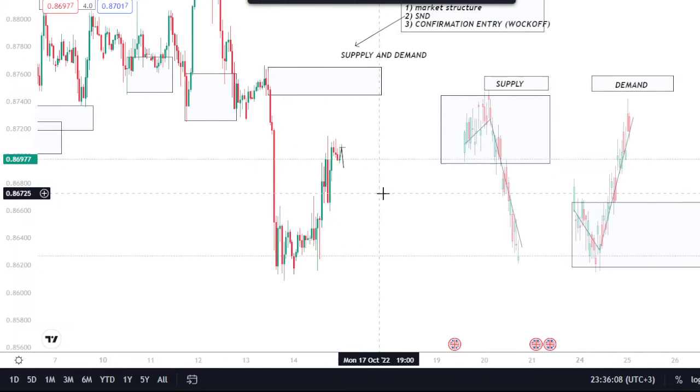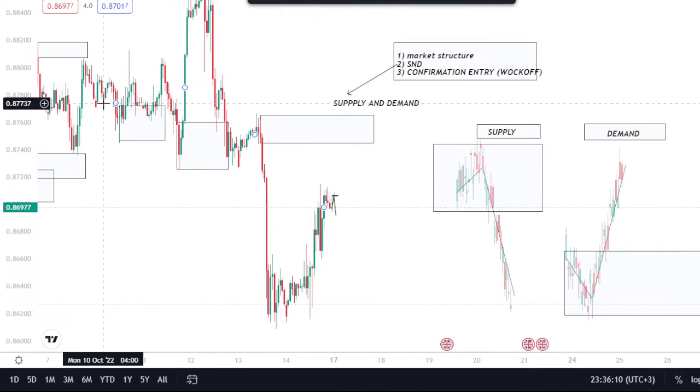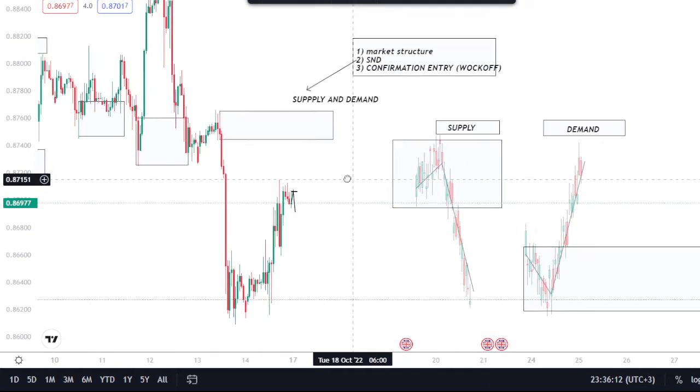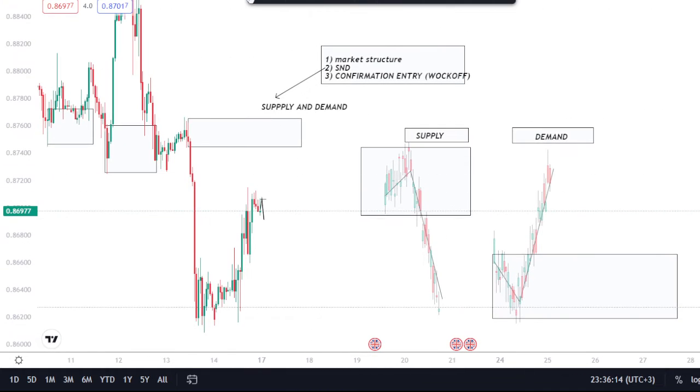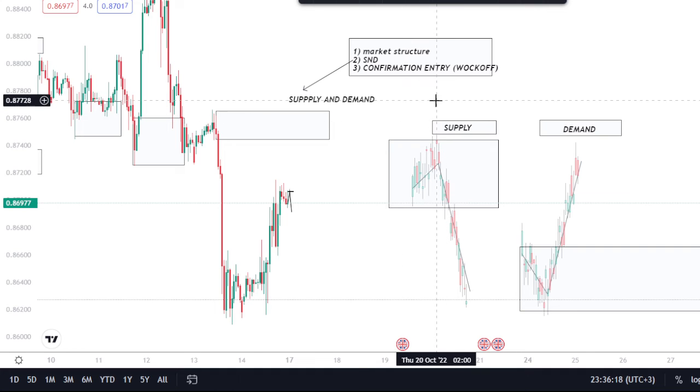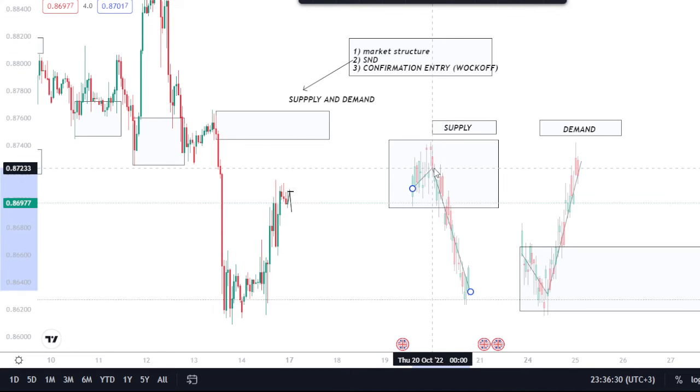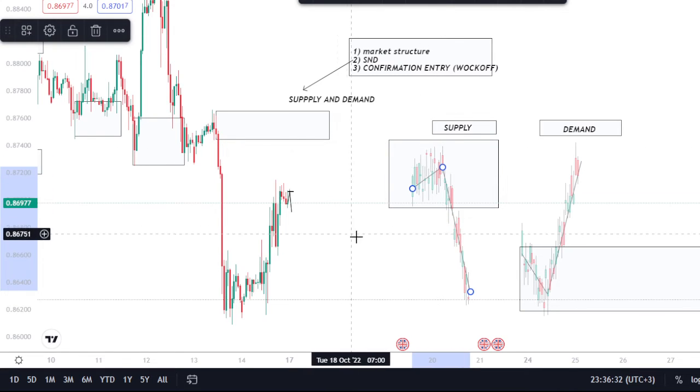So for the sake of recap, let me do the recap of what I was saying, guys, for the people who were not understanding. What is supply? A supply, guys, is when the buyers come into the market, right? But there is a point whereby they start to have no strength in the market.